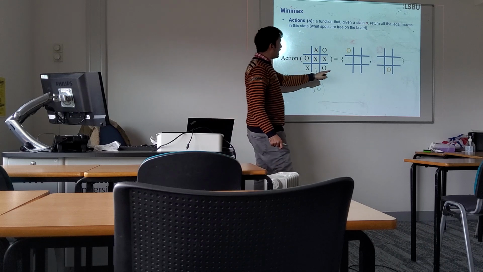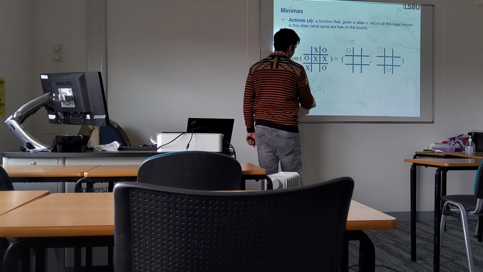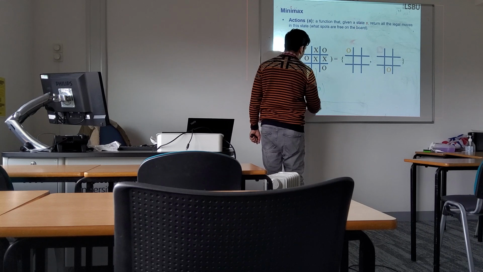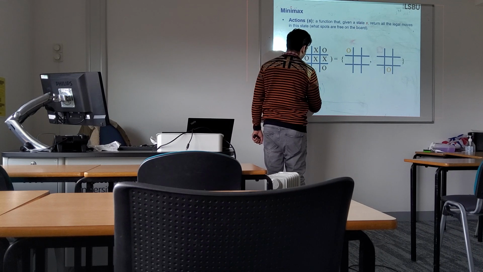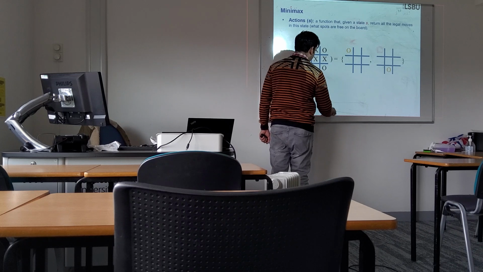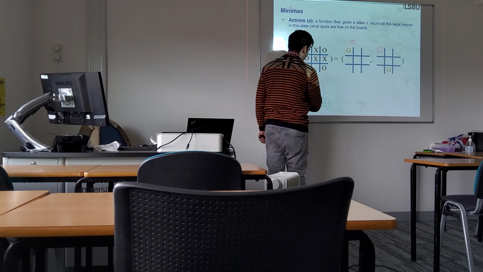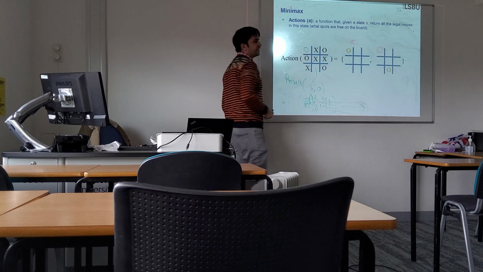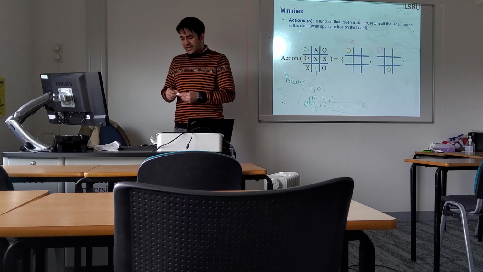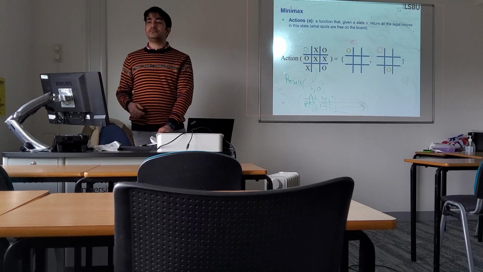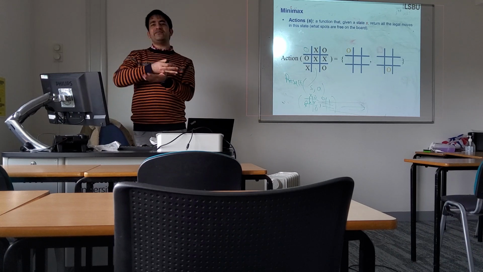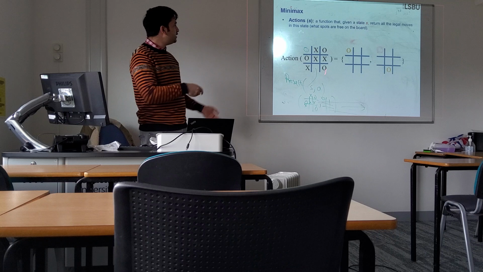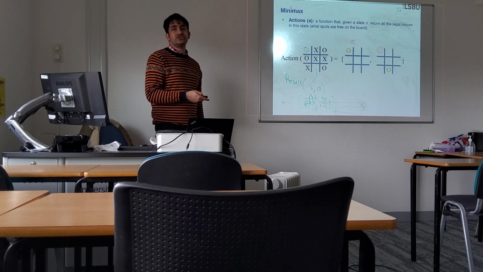If I'm saying I'm going to take this action, the result function will look like 0, x, 0, 0, comma, and the action is put circle here. So the final state will look like this one. Taking the action and applying it on a state gives you a new state, and this is your result.